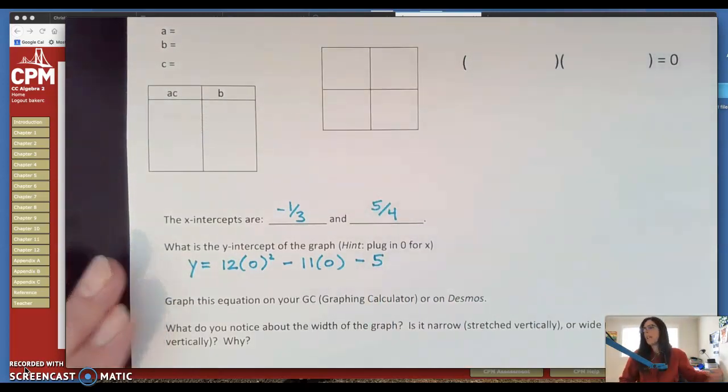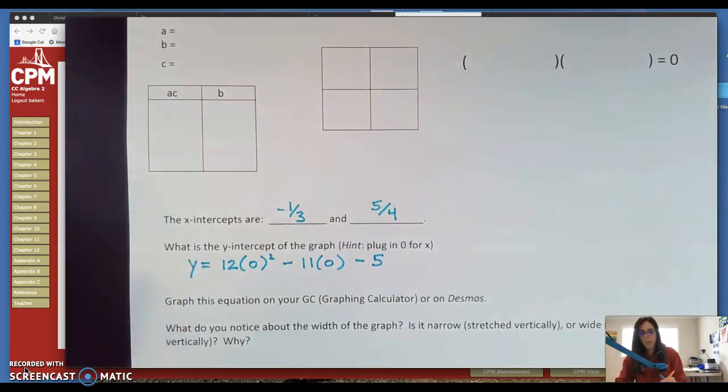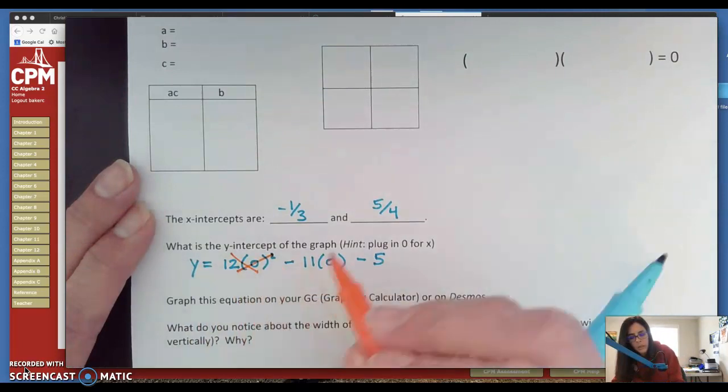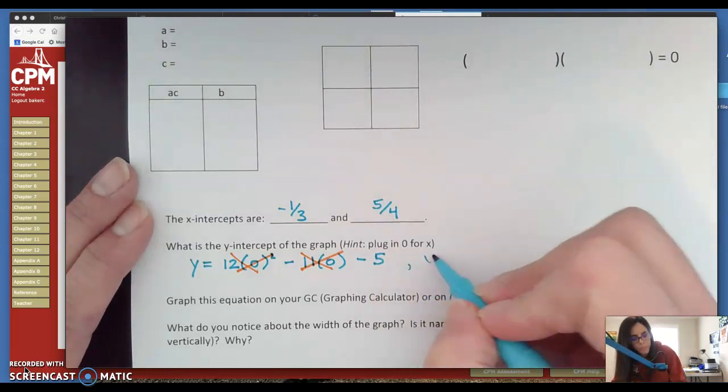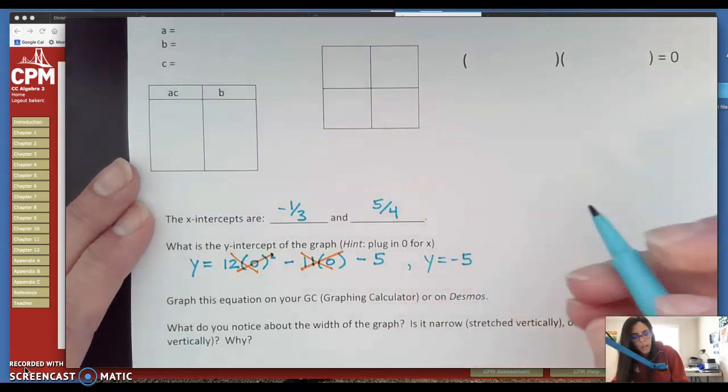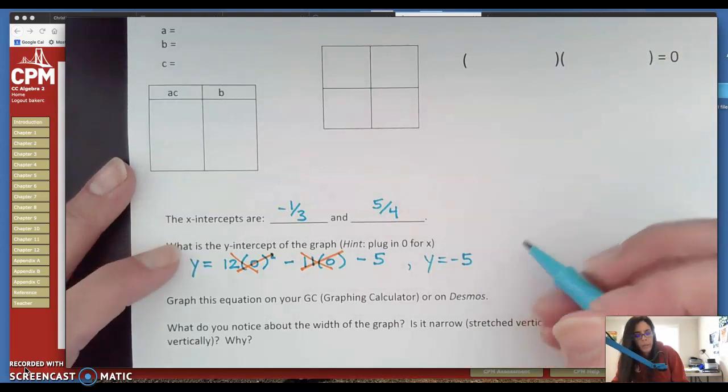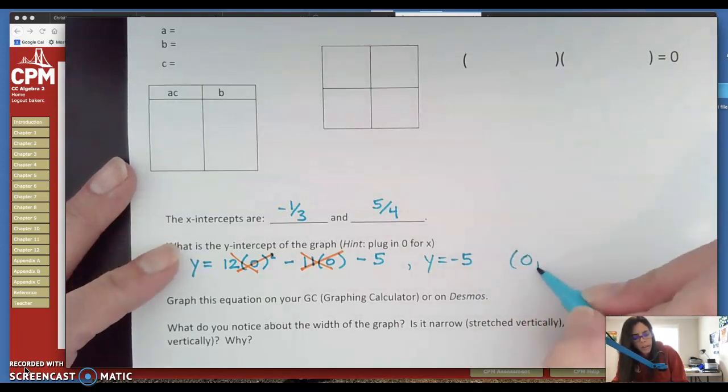And then because anything times 0 is 0, we know that these parts are going to cancel out, and all you're going to be left with is -5. Or, because it's asking for the y-intercept, we could just write it as a pair of coordinates, 0, -5.